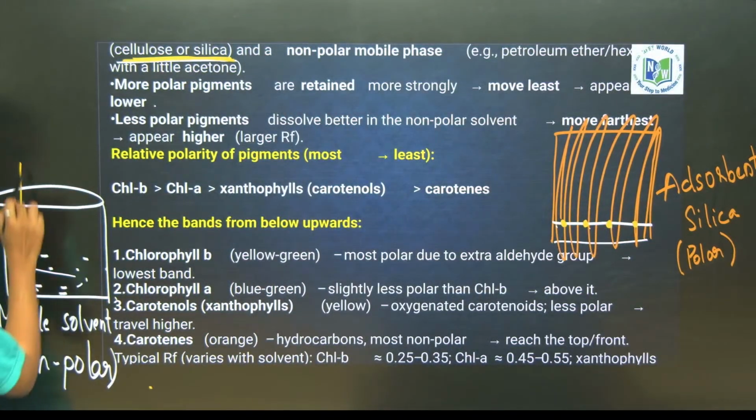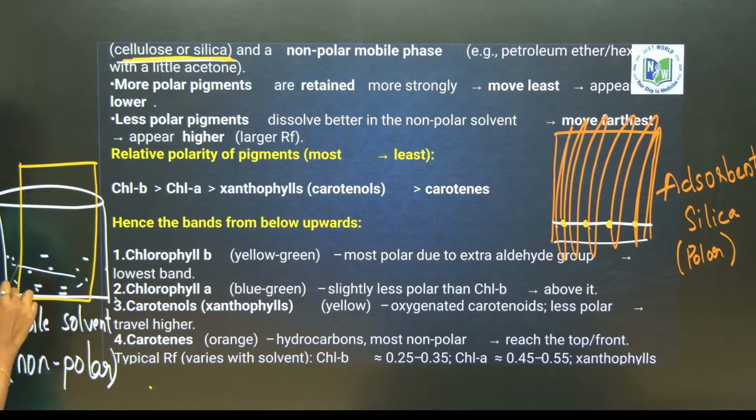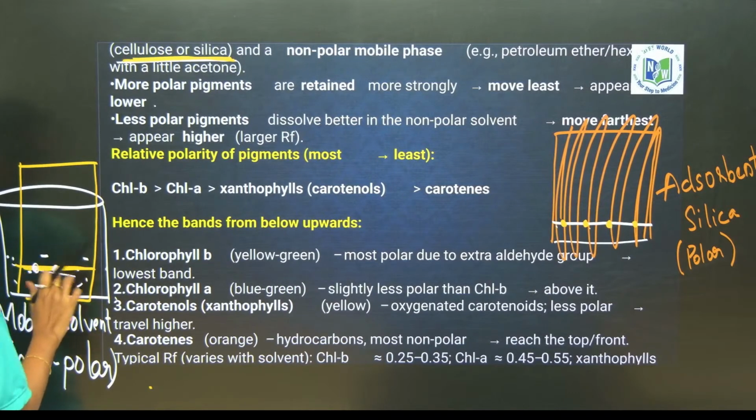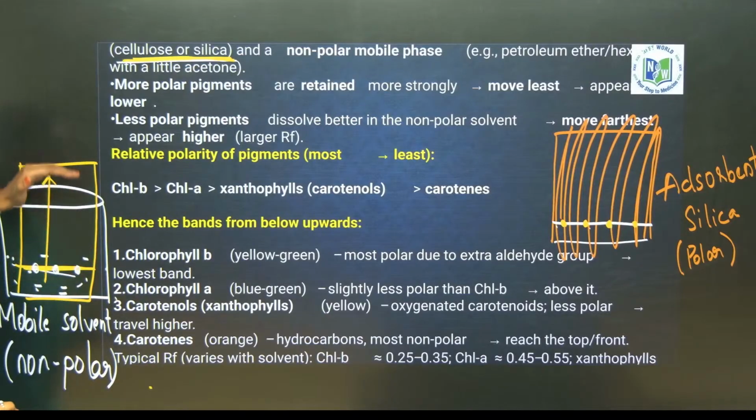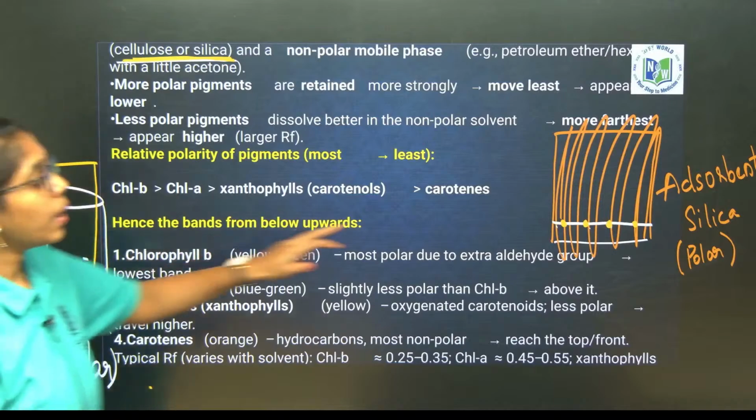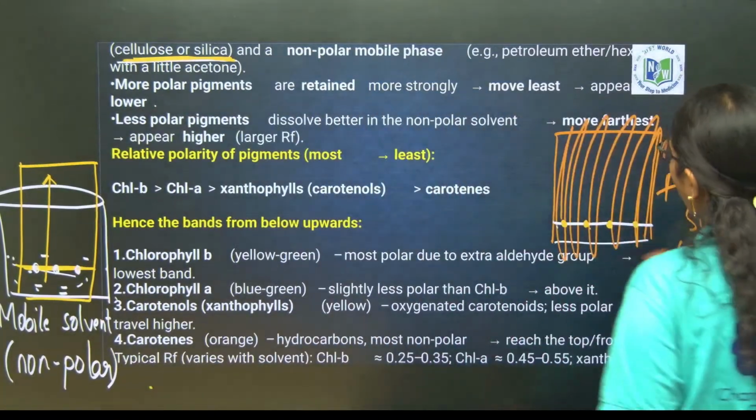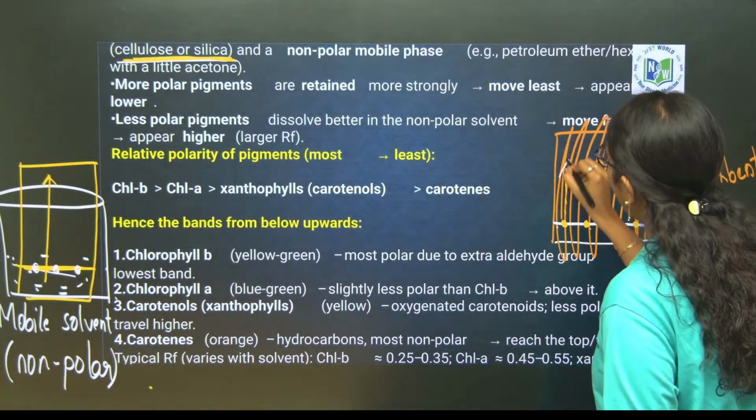So here we have the spots plotted and the mobile phase will slowly move upwards. Along with the non-polar mobile solvent which is moving all across the silica plate, based on the polarity, the pigments also will start moving.